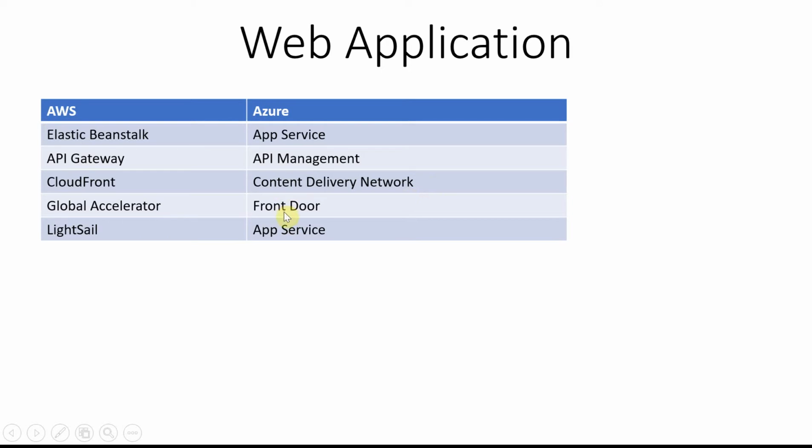Next is Front Door. Front Door on the Azure side is like a Route 53 equivalent or Global Accelerator, used when your data is spread across different geographies. I'm talking about regions or geographies.